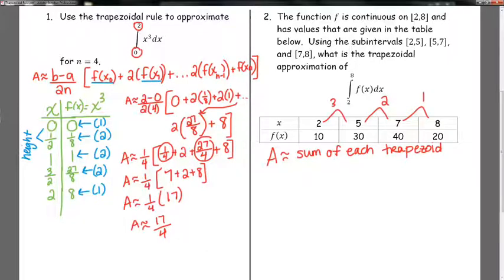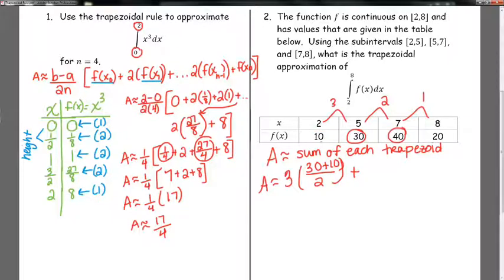And so we're going to have to sum up all the areas of the individual trapezoids. So my area is going to be approximately 3, that's my height, times the average of my y coordinates. So I'm averaging 30 plus 10. And I'm going to add that to my next trapezoid. Now I'm looking at 30 and 40.